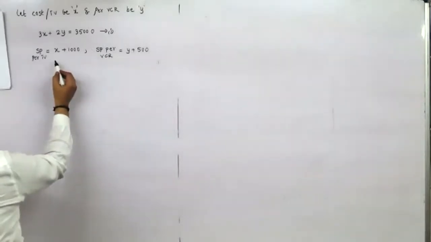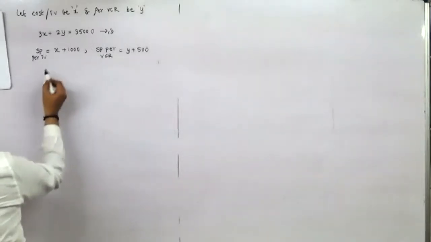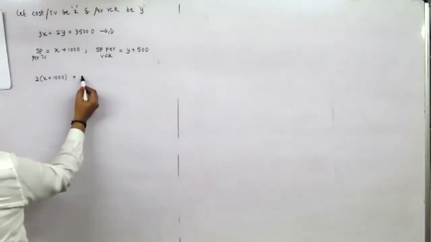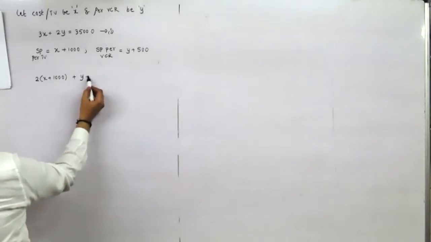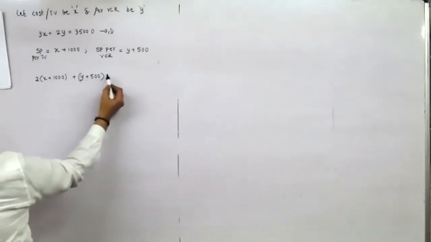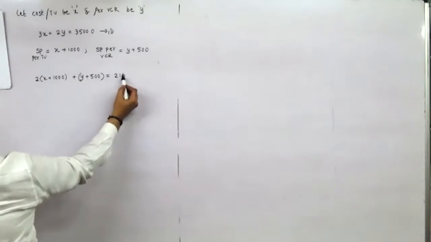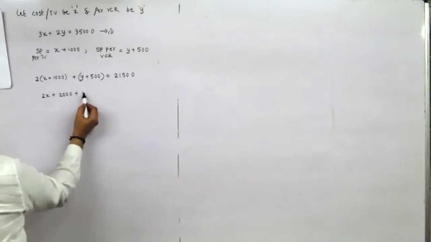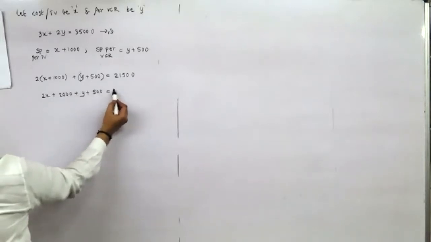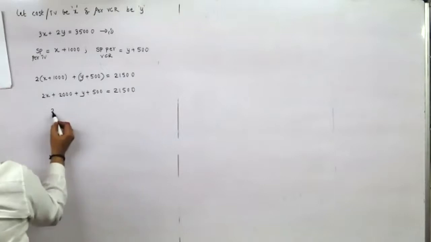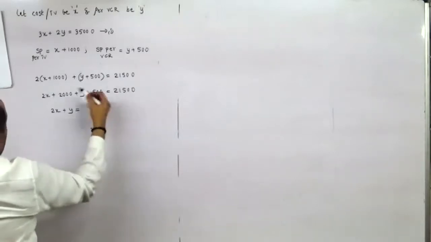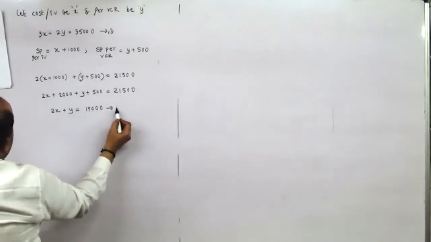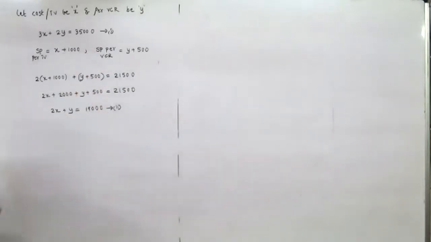He sells 2 TV, so 2 into X plus 1000, and 1 VCR, so Y plus 500, equal to a total revenue of 21,500. This is 2X plus 2000 plus Y plus 500 equal to 21,500. So 2X plus Y equals 21,500 minus 2,500, that is 19,000. This becomes the second equation.